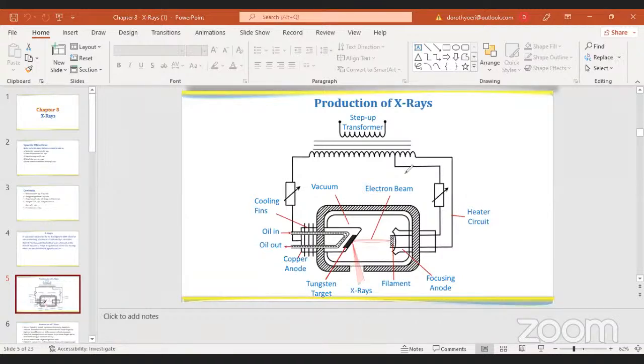Now, I was saying that the X-ray tube is surrounded by lead. This one here. I don't know whether you can see my pen. So I'm talking about this part here.